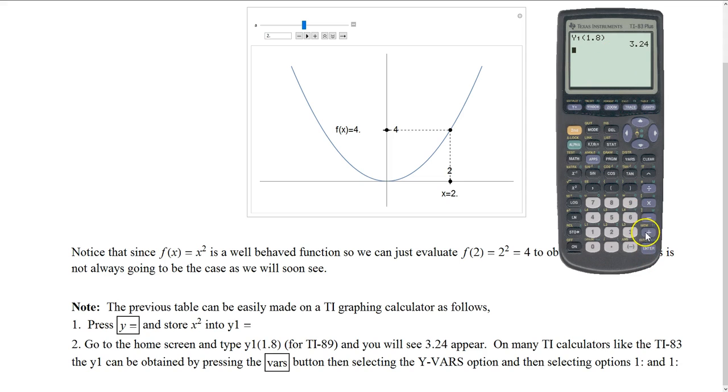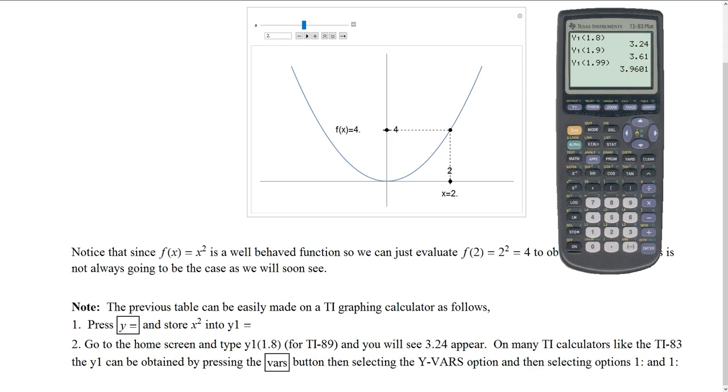And if you want to redo that, instead of pressing vars again, there's a little yellow entry right there above the enter button, second entry, and then you can change the 8 to a 9, for example. Hit enter again, do that again, change the 9 to a 99, 1.99, and so on. And so you see these numbers are getting closer to 4.